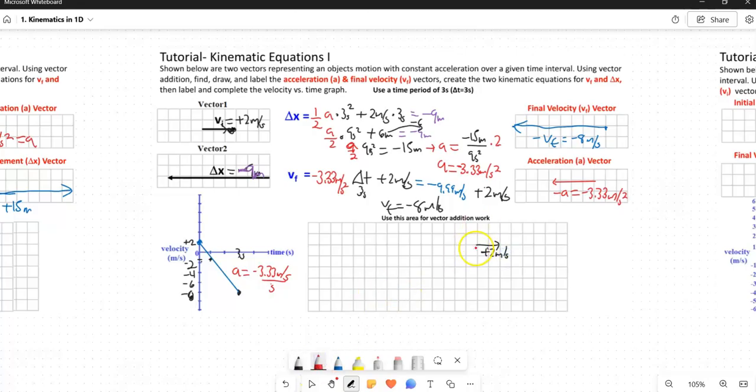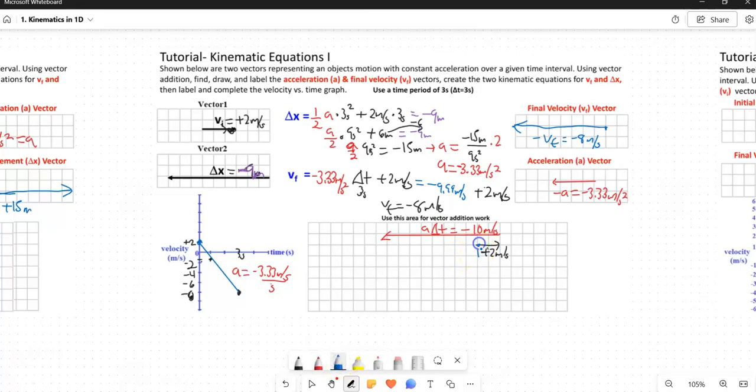And then we are going to go to the left. So this is going to be the A delta t. So we're going to add that to the A delta t, which is 3 1/3 plus 3 1/3 plus 3 1/3. So this is going to be 1, 2, 3, 4, 5, 6, 7, 8, 9, 10. So this is the A delta t vector, which is equal to -10 meters per second.